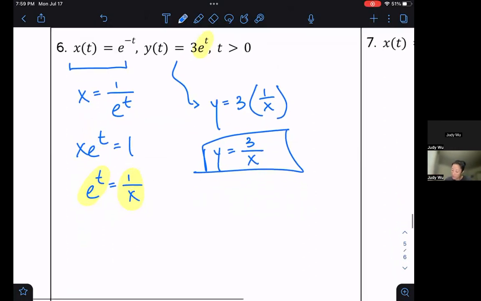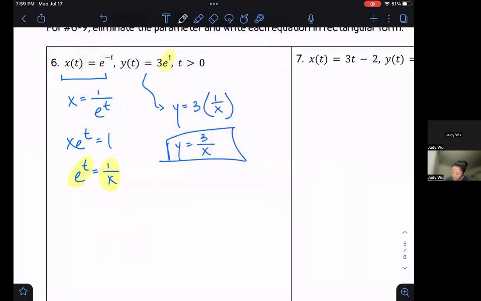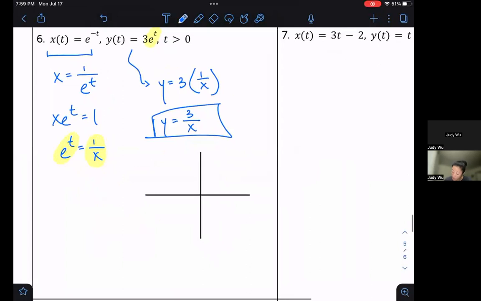Now, this might look familiar to us. We learned way back in one of the first units about the graph of 1 over x. Turns out that 3 over x is going to be something like this.